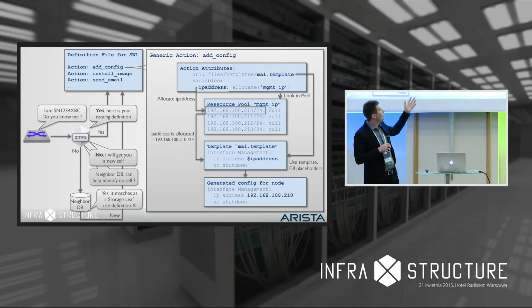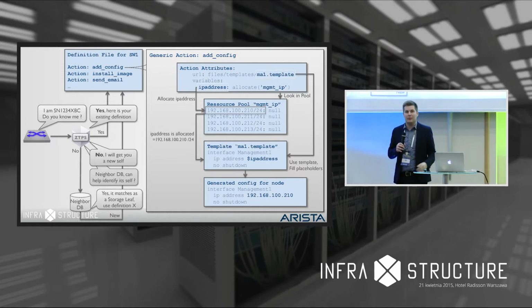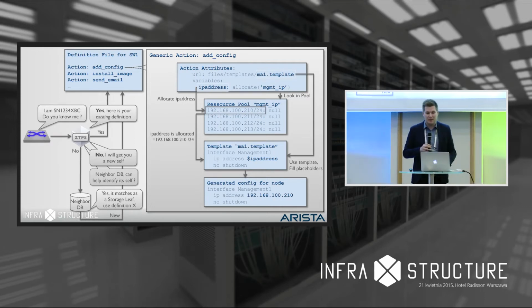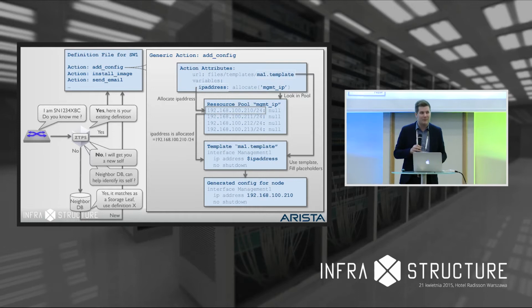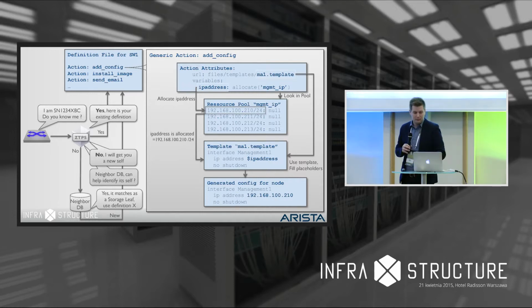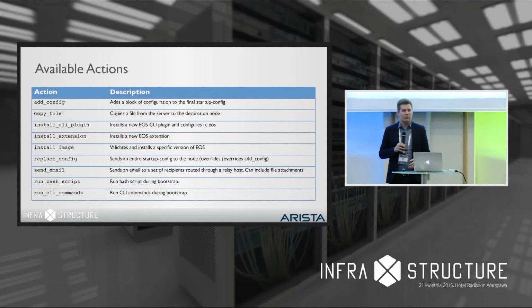So one template might be the resource pool. We define a pool of management IP addresses we can use. Likewise, host names, interface descriptions, all of that necessary config can be templated and automated. So what sort of thing can we do? Pretty much every configuration you would be able to make to the switch.